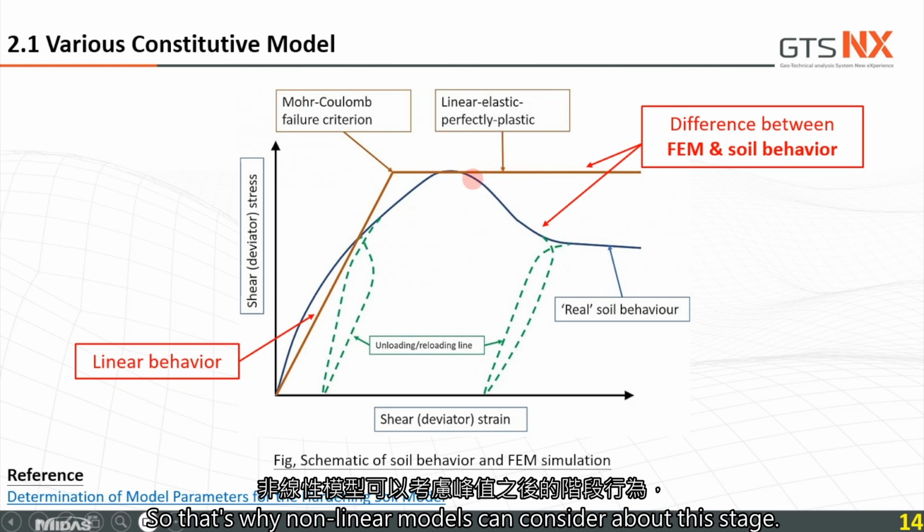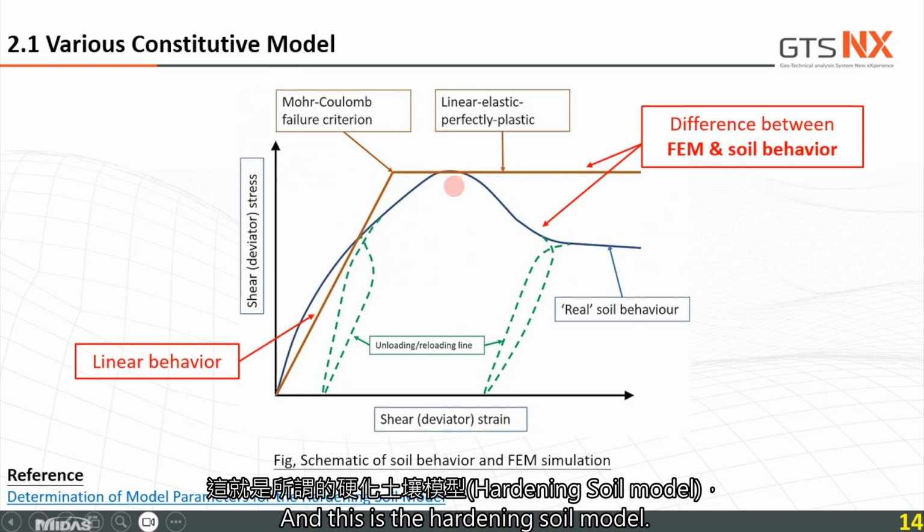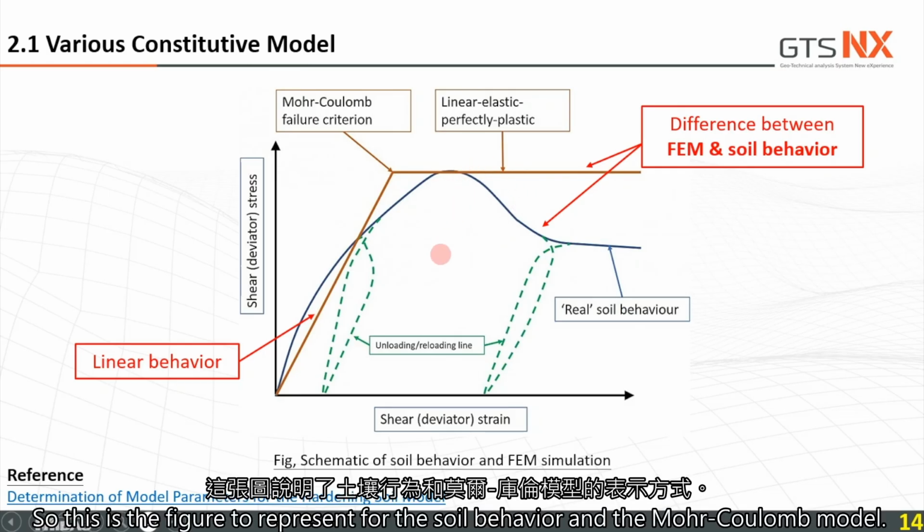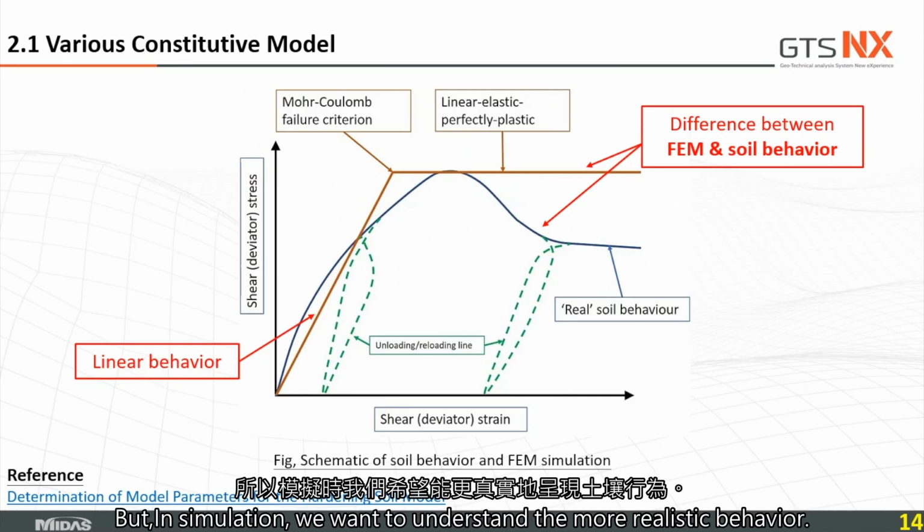So that's why non-linear models can consider this stage, and this is the hardening soil model. This figure represents the soil behavior and the Mohr-Coulomb model. But in simulation, we want to understand the more realistic behavior.